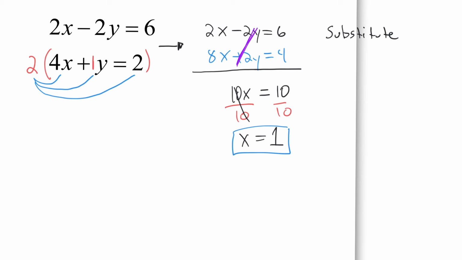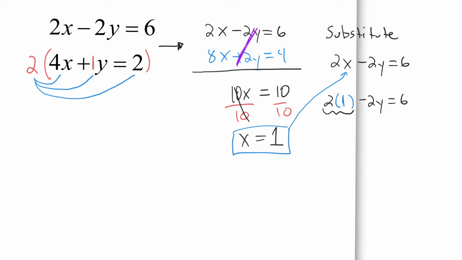And I'm going to choose the top equation. You can use the bottom, doesn't matter, but you just need to use one of those original equations. So I'm going to have 2x minus 2y equals 6. I'm going to take the 1 and substitute into the x. So you multiply 2 times the 1 right there, minus 2y equals 6.